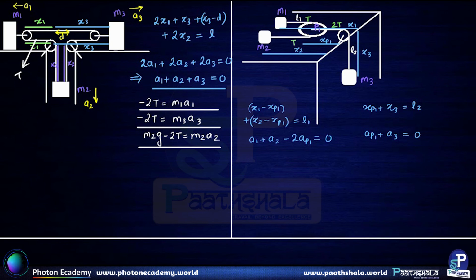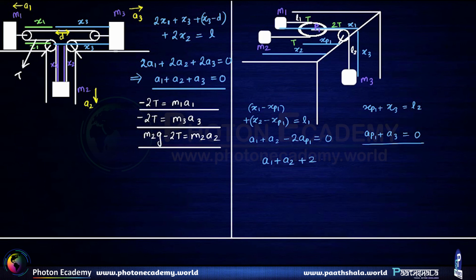Multiplying this equation with 2 and adding it to the first equation, we get a1 plus a2 plus 2a3 is equal to 0. So this happens to be the constraint motion relation.